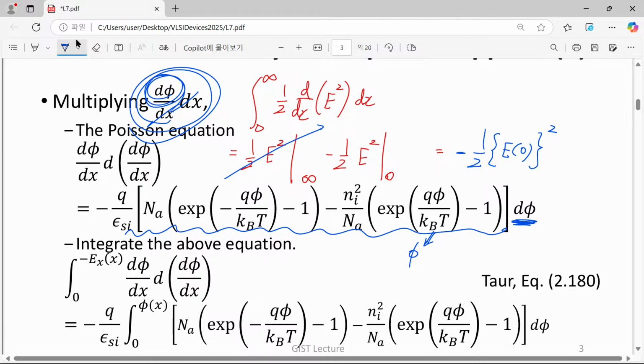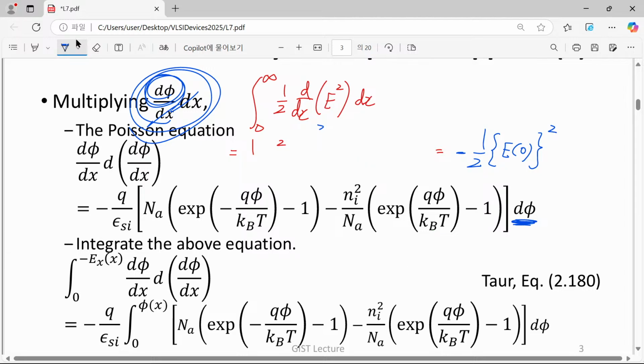So this integration can be done without much difficulty. Why? Let's have a look at those terms. The first term is just the exponential of phi. If we have the exponential of minus phi, and we integrate it, then we will have just minus and the same form.